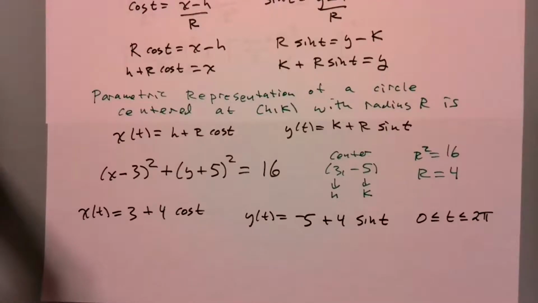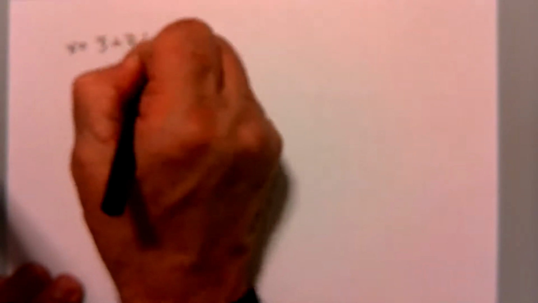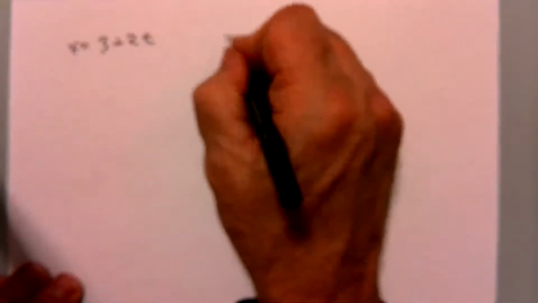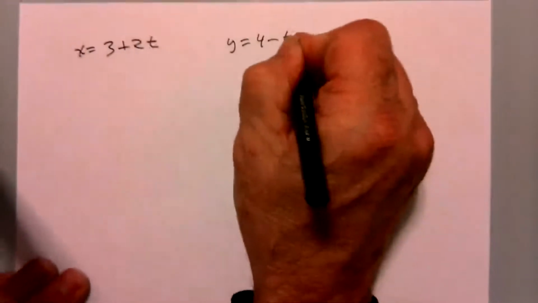All right. Well, we're going to move from circles to lines. Our next example is going to require us to take a look at a line, and we'll see if we can rewrite that in a form we're more familiar with. The example we're going to look at here is x = 3 + 2t and y = 4 − t.